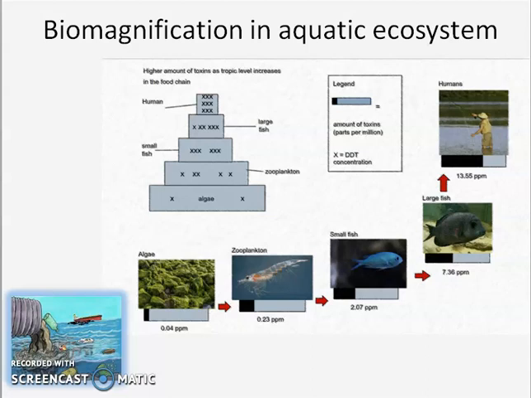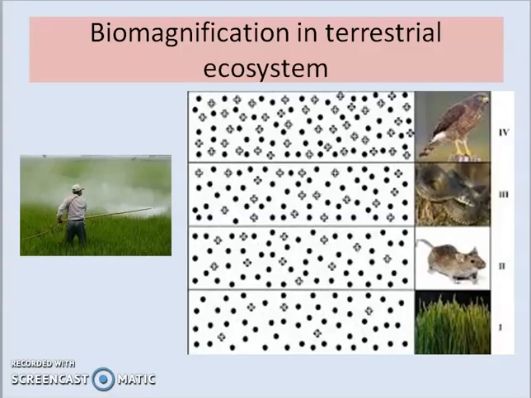This concentration of chemicals is high enough to cause serious deformities or even death of the affected organism. The biomagnification problem can also be explained in the terrestrial ecosystem, where it occurs from plants to higher trophic level animals.